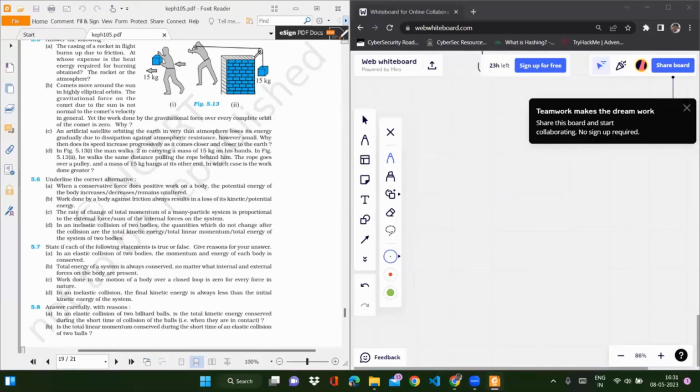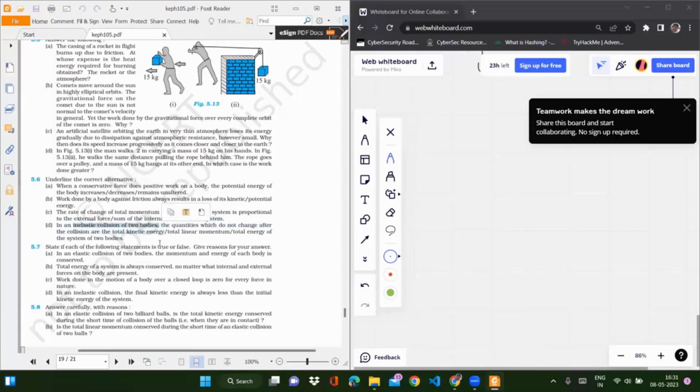Now, in an inelastic collision of two bodies, the quantities which do not change after the collision are the total kinetic energy, total linear momentum, total energy of the system of the two bodies. So for an inelastic collision, what we know is that there will be deformation of the bodies which are colliding.